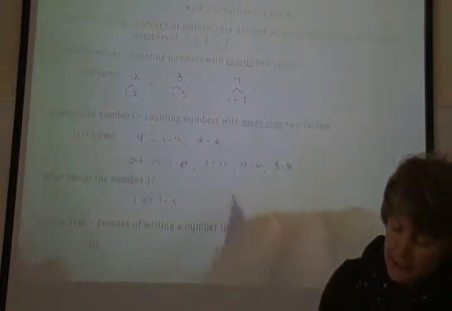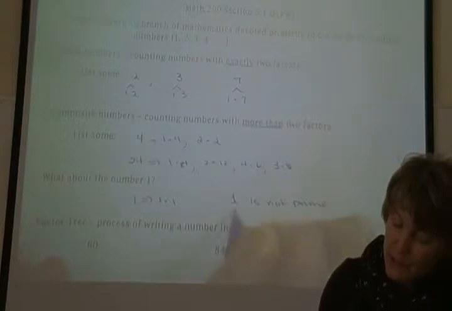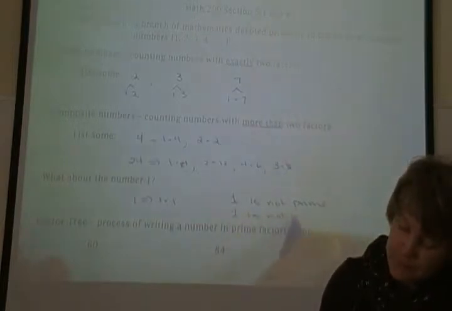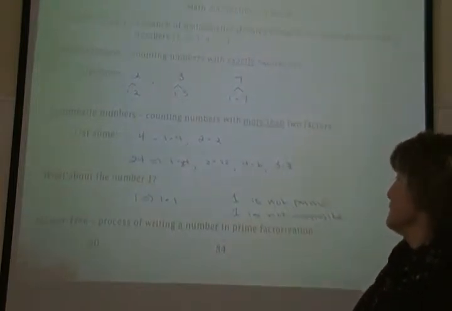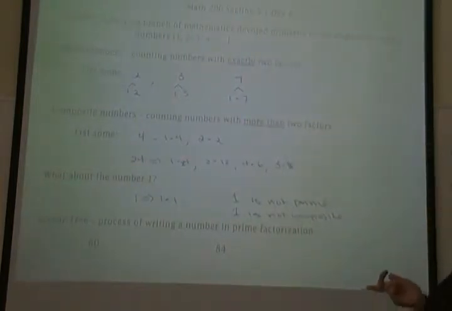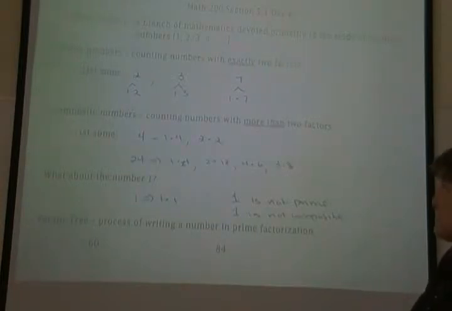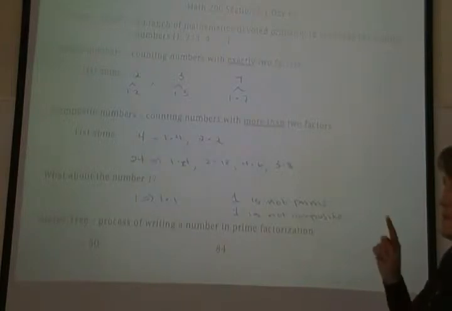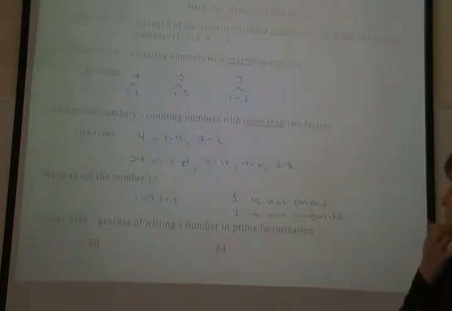So 1 is not prime, 1 is not composite. So the number 1 is the only counting number that you can't put into one of those 2 categories. You can't call it prime, you can't call it composite. It is the exception to the rule. Any other counting number, you should be able to put it into one of the 2 categories. It's prime or it's composite, but not the number 1.